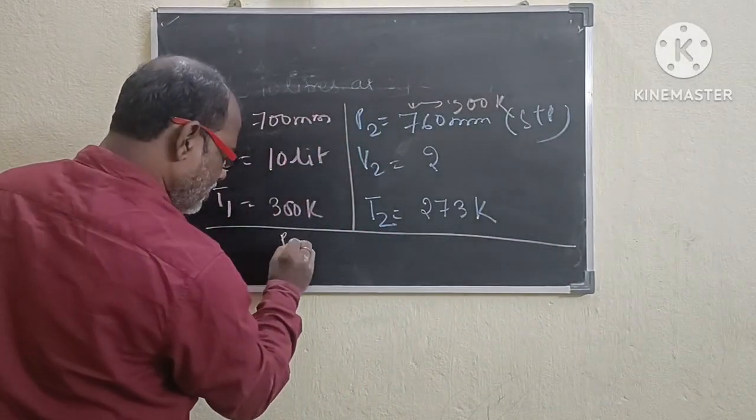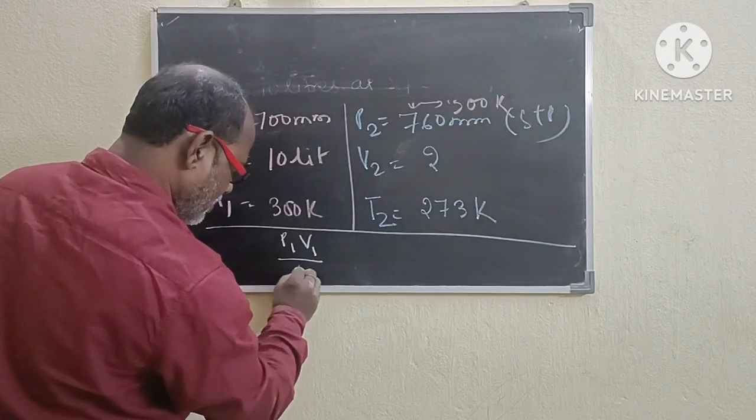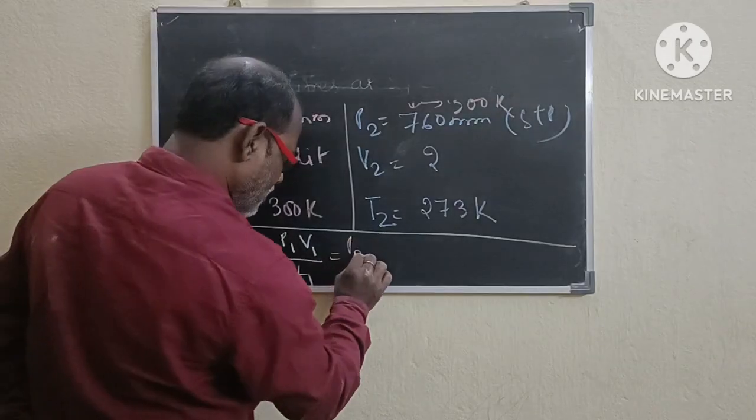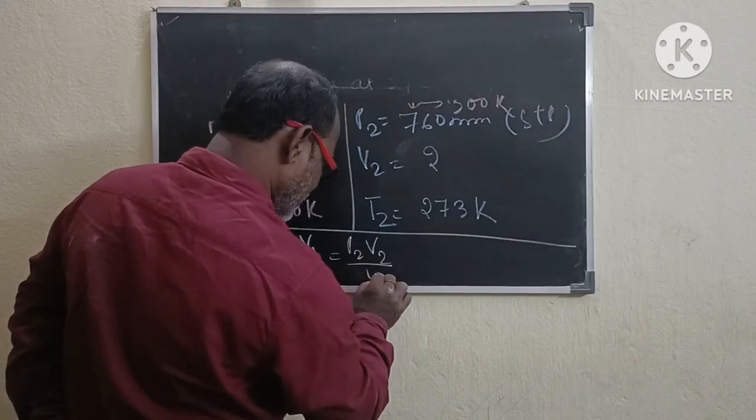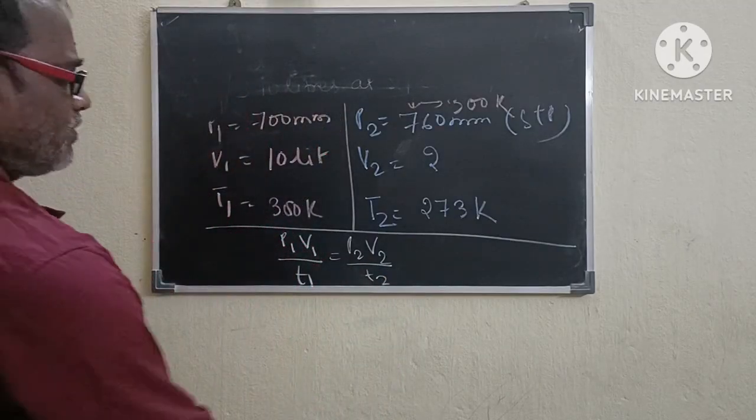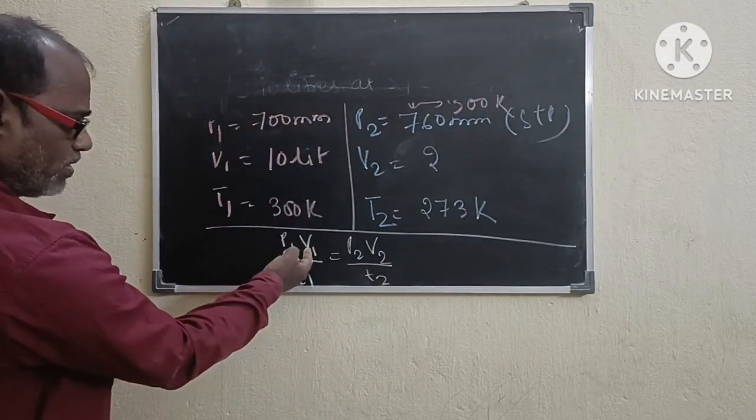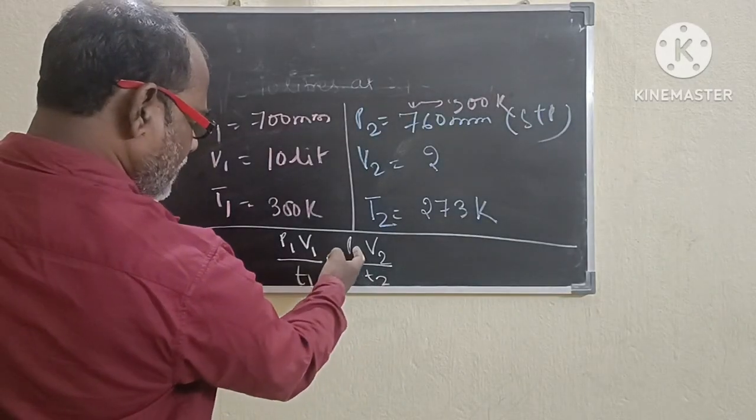We have to write down the relation P1 V1 by T1 is equal to P2 V2 by T2. Here we have to find out V2. So T2 comes over this side, P2 comes down.